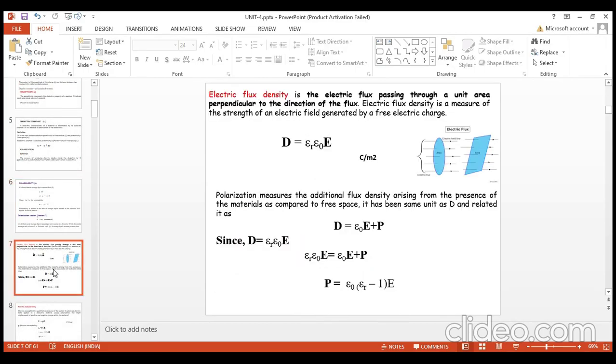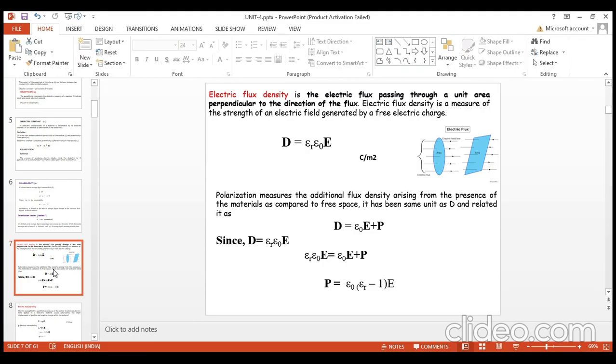Electric flux density is defined as the amount of electric flux passing through a medium's unit area perpendicular to the direction of flux. Electric flux density is a measure of the strength of an electric field generated by a free electric charge.